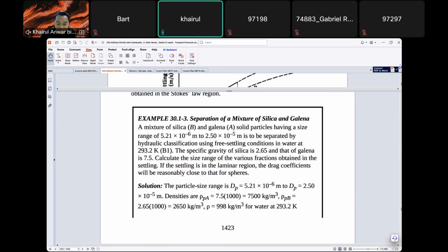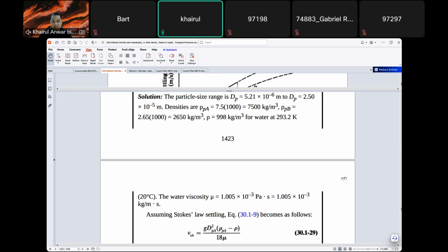The density for rho A, referring to galena, is 7,500 kg per meter cube. The density for the silica is 2650 kg per meter cube. Rho of water is 998 at 293.2 Kelvin.